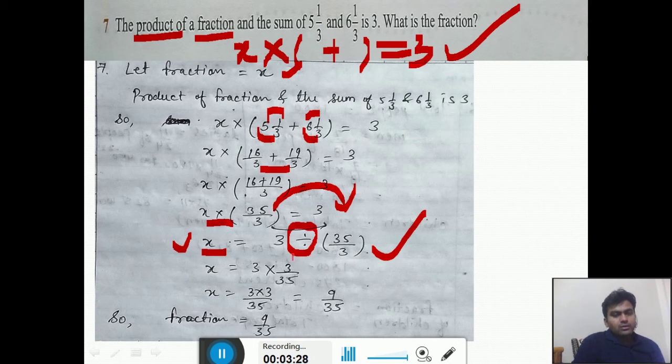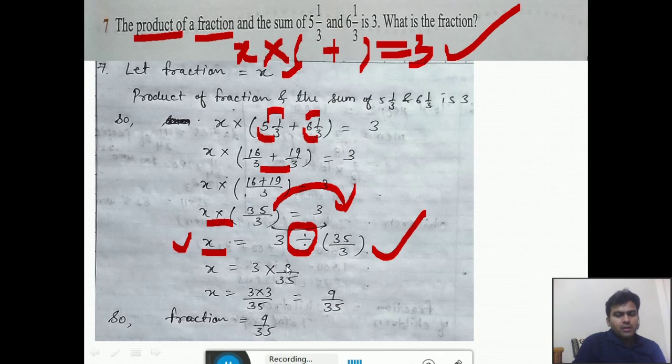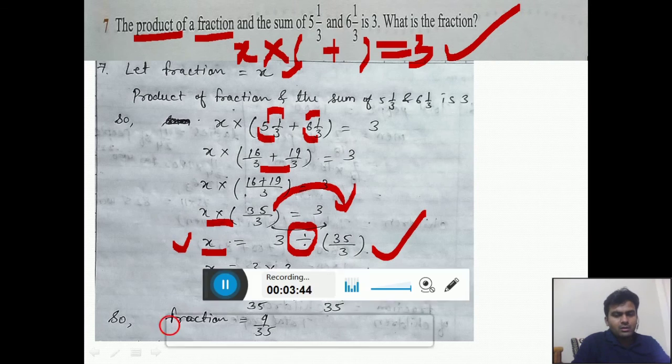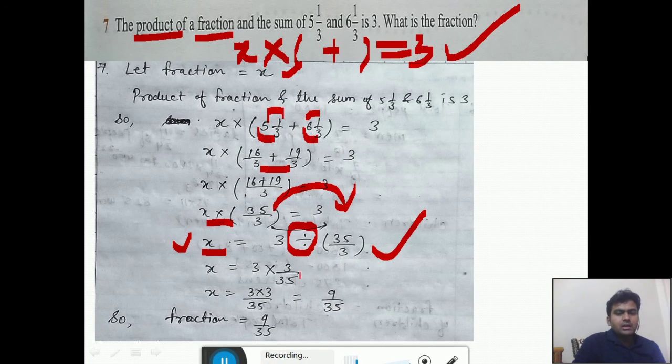Now how to solve this expression? So many questions we solved. We can solve this by converting this divide sign into multiply and taking the reciprocal of the fraction. After the reciprocal of the fraction, we will get 3 upon 35.